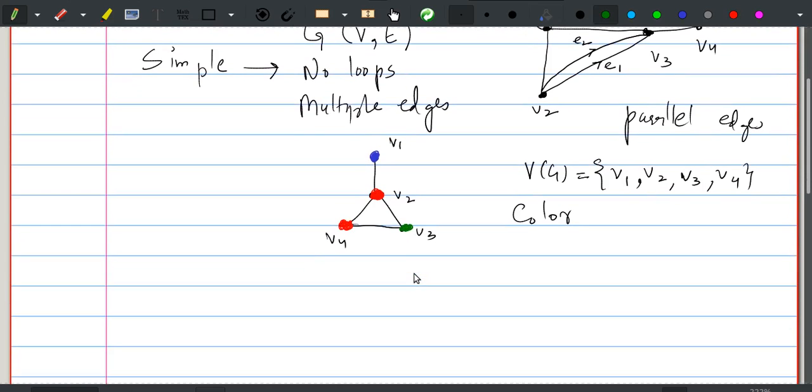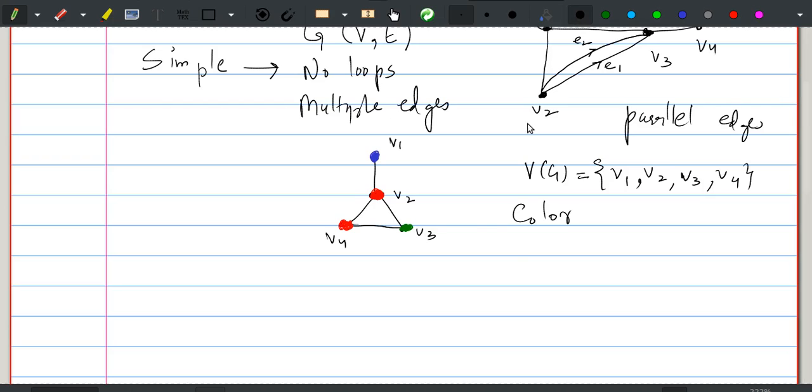So what we actually did, we are assigning a color to each vertex. For vertex V1 we chose the blue color.